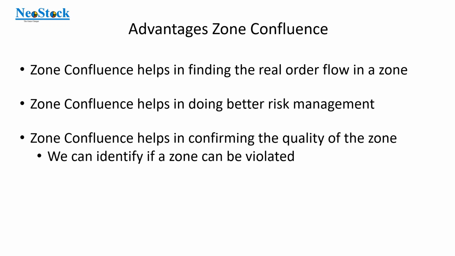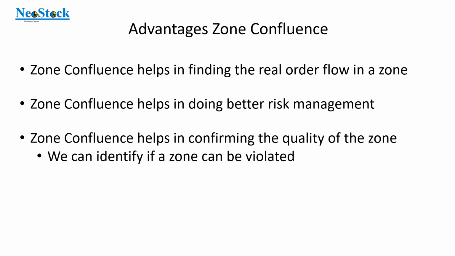And that advantage you get only if you do a proper analysis, that is fine tuning the zone. Earlier I told you, if you do a proper way of fine tuning the zone, what kind of analysis? Fine tuning the zone, repeating the zone confluence to the lowest level time frame.